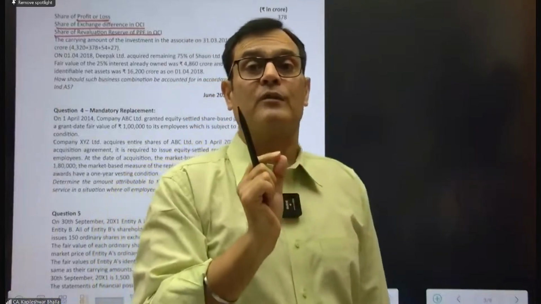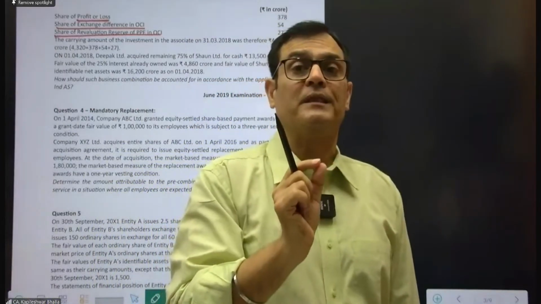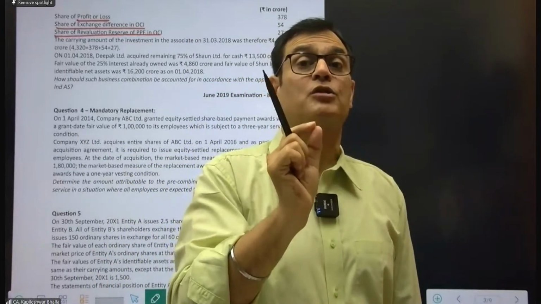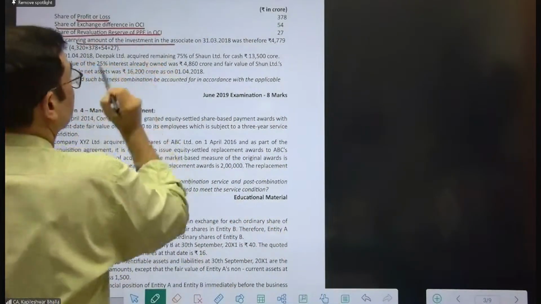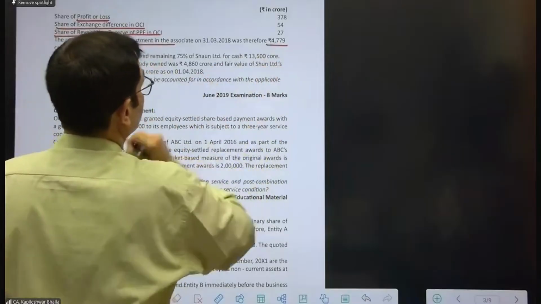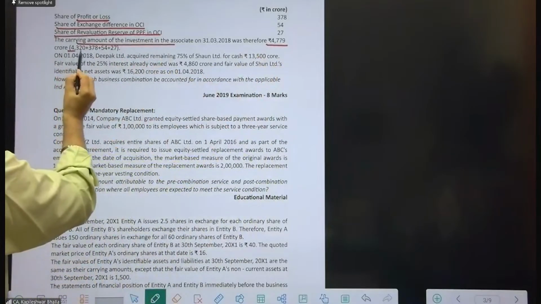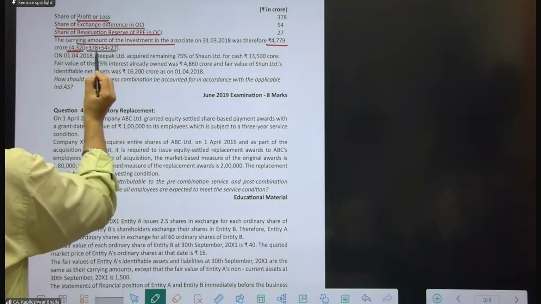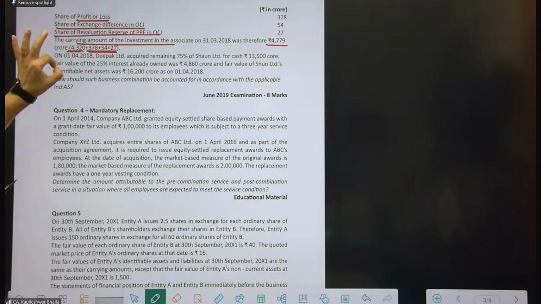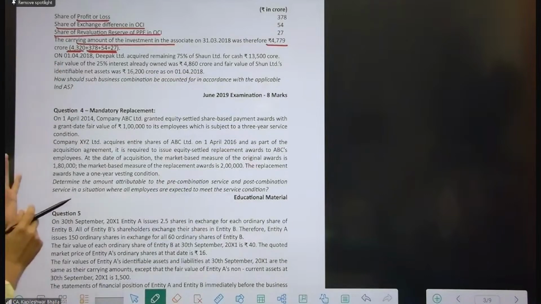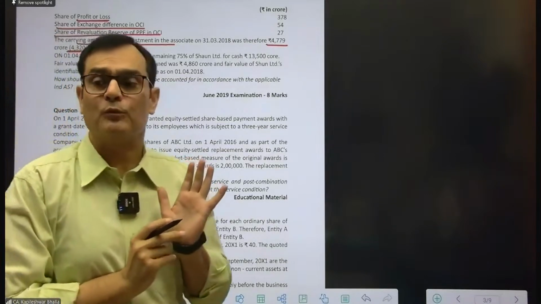So the company would have added all these 3 components as a part of the original cost of acquisition. He says the carrying amount of the investment in the associate is therefore 4779. This is the original cost of the investment, adding the share in the 3 elements: the profit or loss, the exchange difference, and the revaluation surplus. Indirectly, he has given you the inputs in terms of how the equity method of accounting was done.